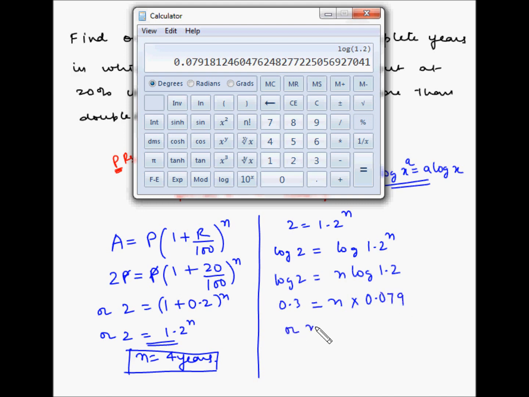So n is equal to 0.3 divided by 0.079. So 0.3 divided by 0.079 is 3.79. So n is equal to 3.79.